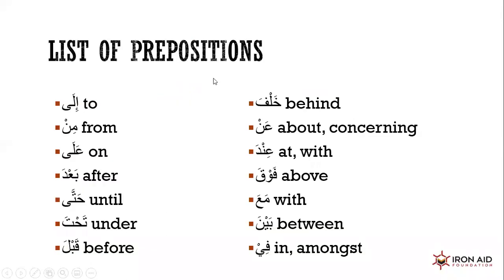So these are some of the prepositions most commonly used in the Quran. So ila, to, min, from, ala, on, ba'da, after, hatta, until, tahta, jannatin tajri min tahtiha al-anhar.